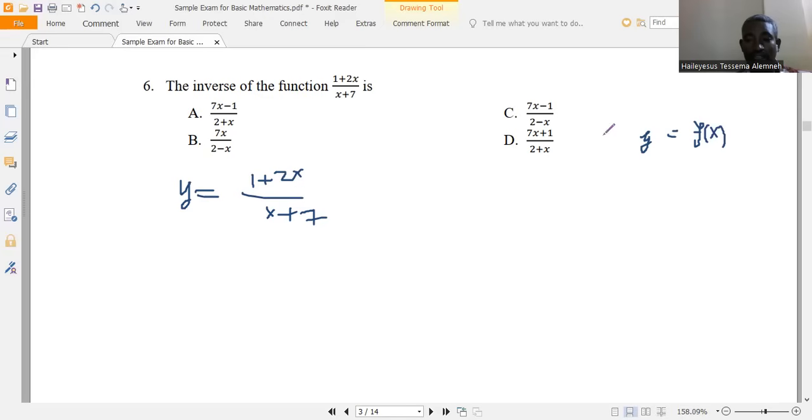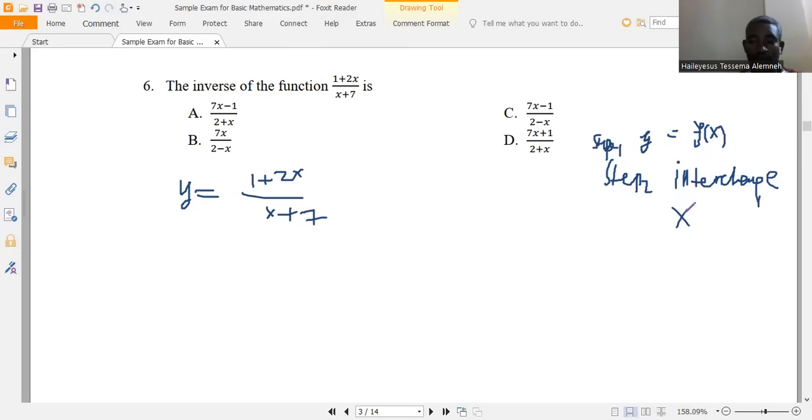Step 1 is this. Step 2: interchange x and y. In the place of x we write y.